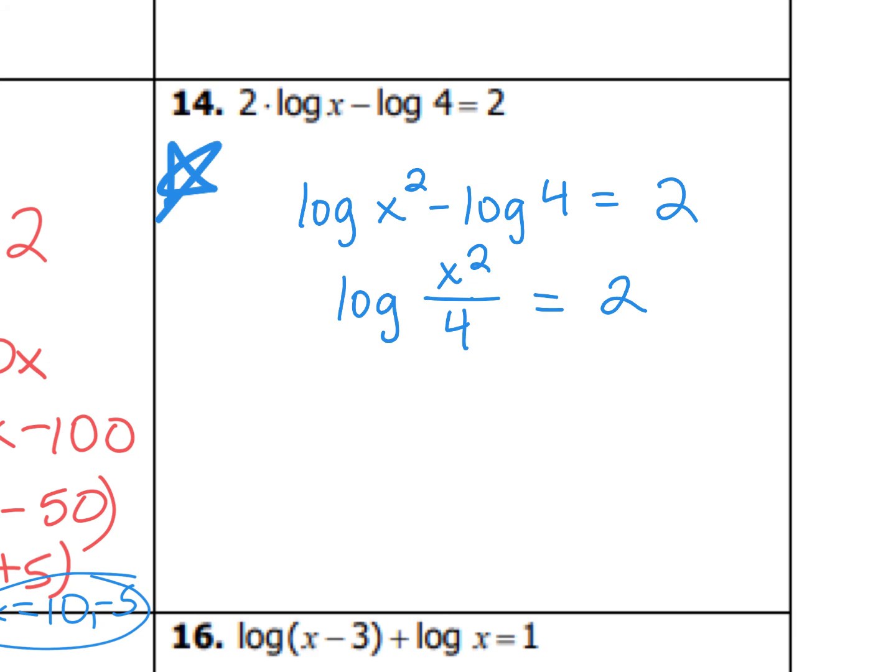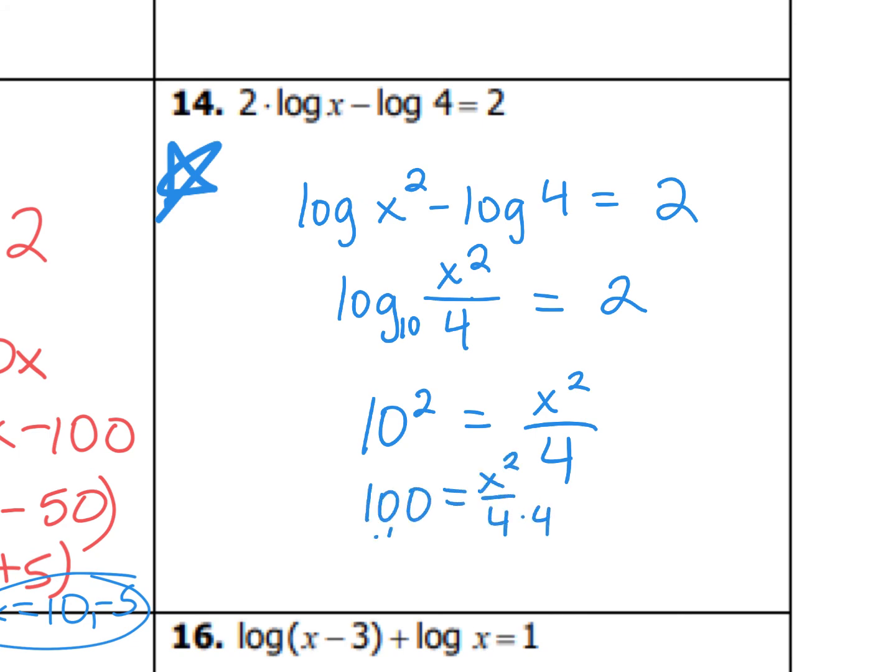Be careful. 10, because it's not written, right? Okay, so now I write this in exponential form, and how do I do it? Okay, good deal. And now we simplify. Yep, you can multiply by 4, but I would first do that exponent. So 100 equals x squared over 4.